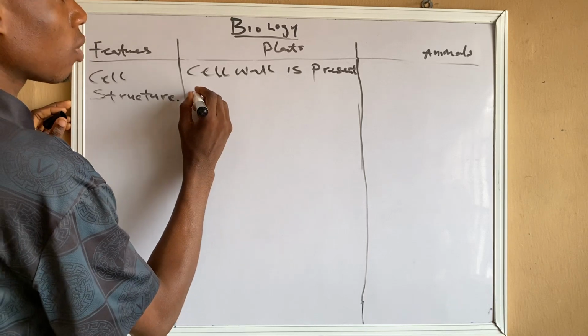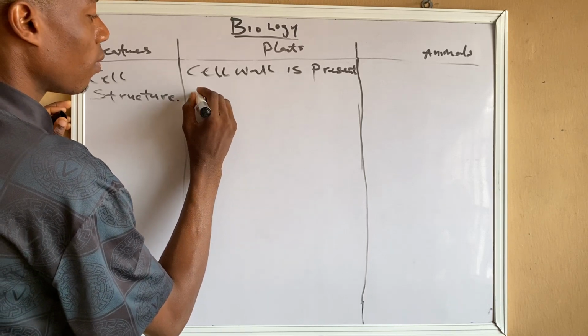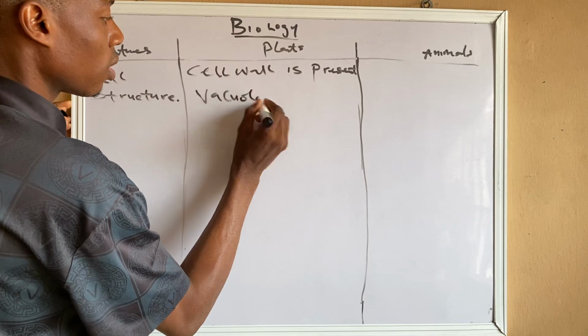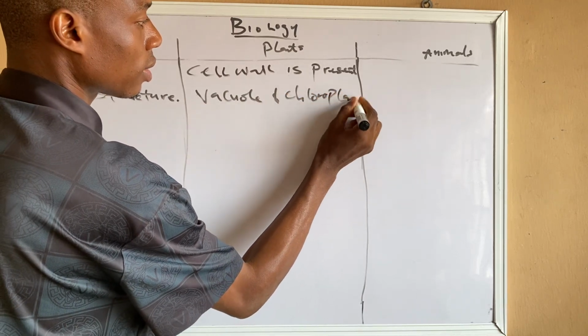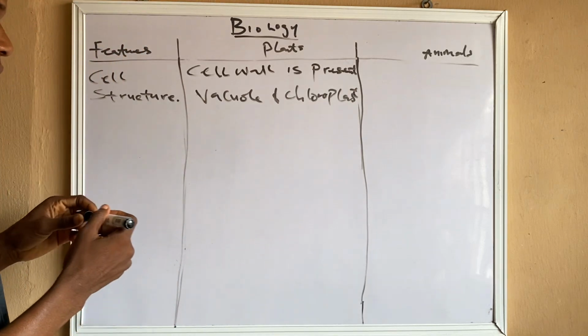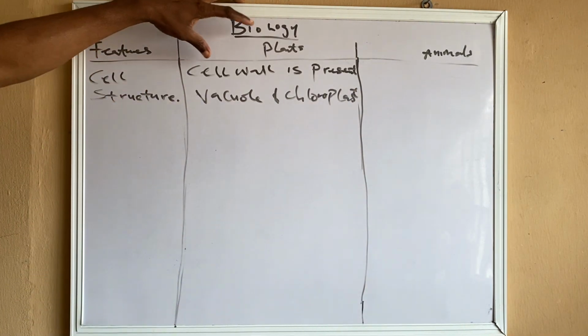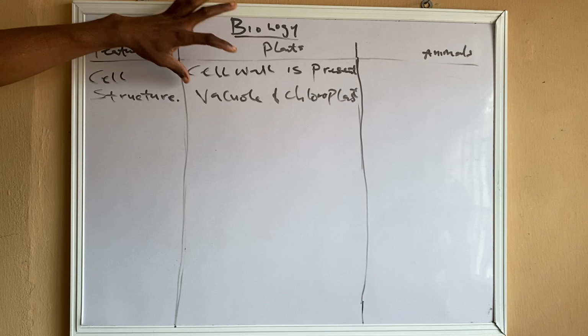And this cell has what? It has a vacuole and chloroplast. Their own cell wall is present, and it has a vacuole and chloroplast.